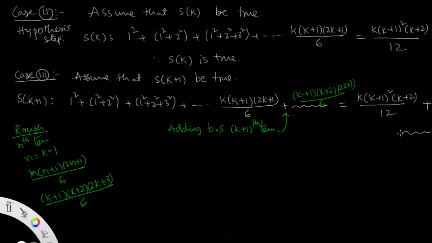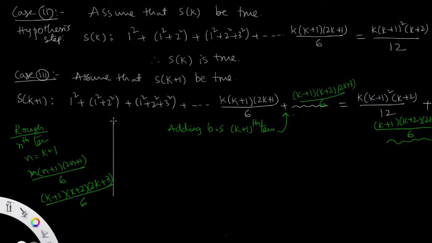Here also we can add, that is (k plus 1) into (k plus 2) into (2k plus 3) divided by 6. This should be adding both sides by the (k plus 1)th term. Now simplify. So that is the value.